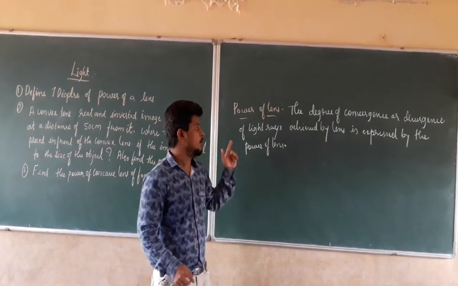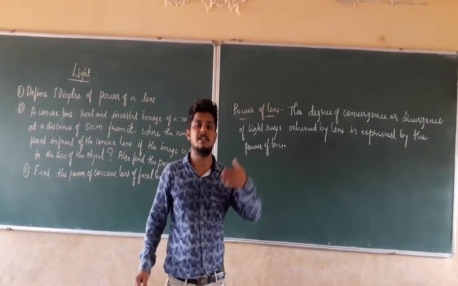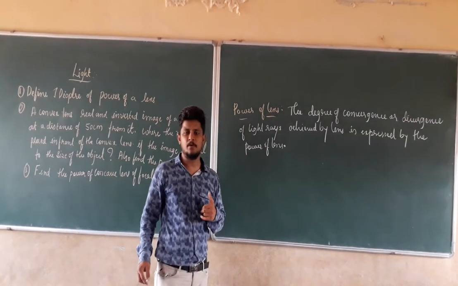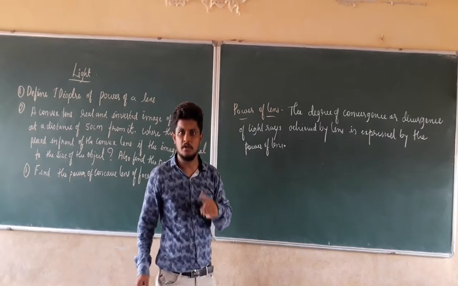So both are vice versa. Both are reciprocal to each other. Both are inversely proportional to each other. If they are inversely proportional, the power of the lens is also going to be inversely proportional to the focal length.